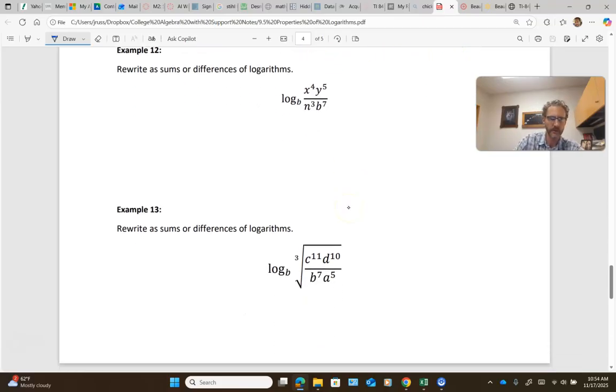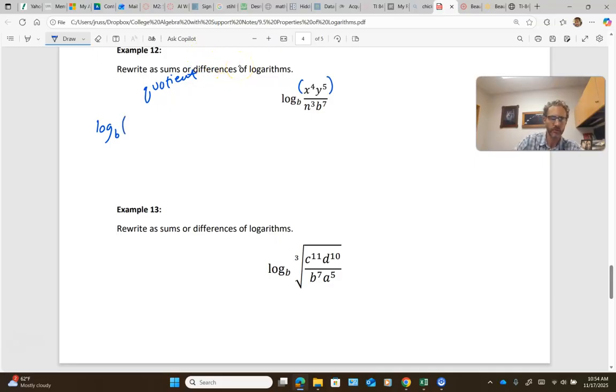Let me come over here. I'll start out by saying this is going to be log base b of just the numerator. Remember, with the quotient rule, when you go to separate the logarithms, you're separating them with subtraction.